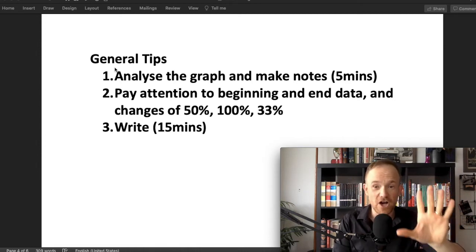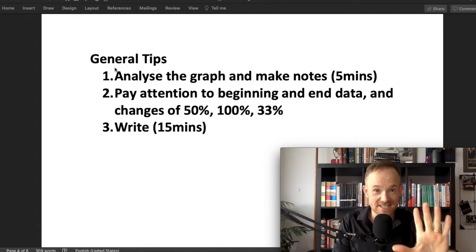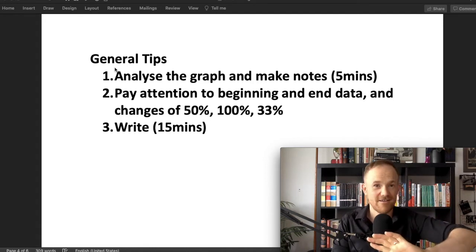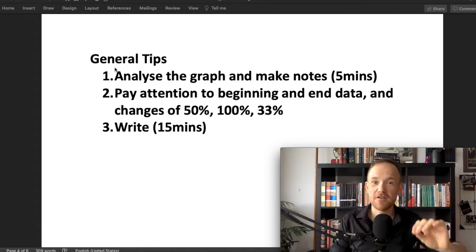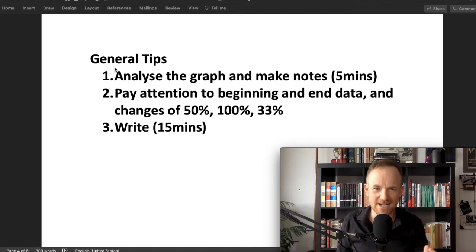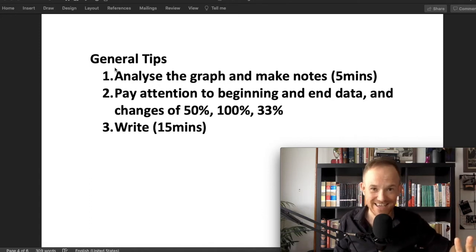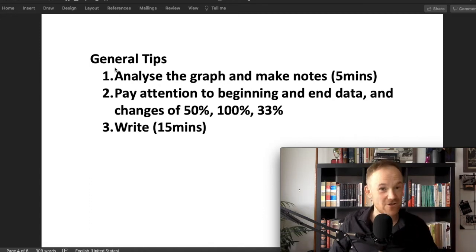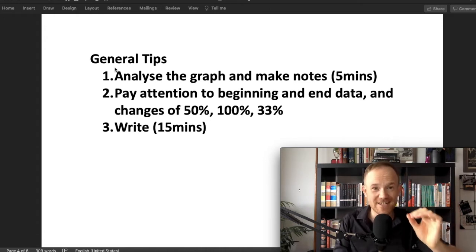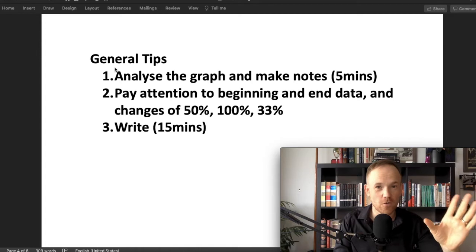If you have a good understanding of the data in the graph and you've organized your ideas, 15 minutes is more than enough time. I cannot tell you how many times a student will start writing immediately, and 20 minutes, they're not finished. 30 minutes, they're not finished. If you understand the data, this will be so much easier.